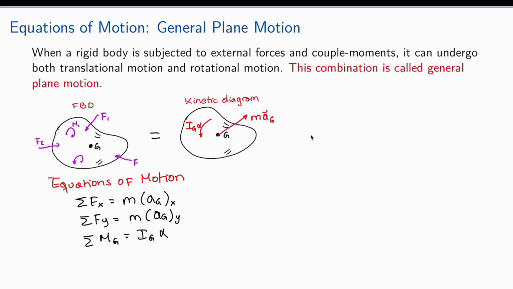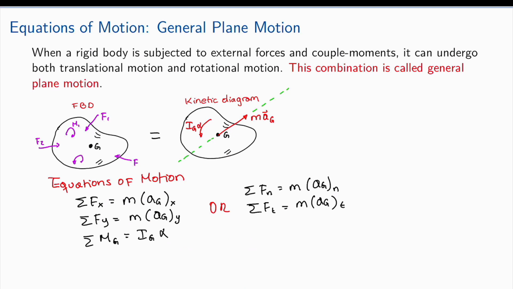Or if we write it in the tangential-normal coordinate system, we have the sum of the forces in the normal direction equal to the mass multiplied by the acceleration of the center of mass in the normal direction. The sum of the forces in the tangential direction equal to the mass multiplied by the acceleration of the center of mass in the tangential direction.